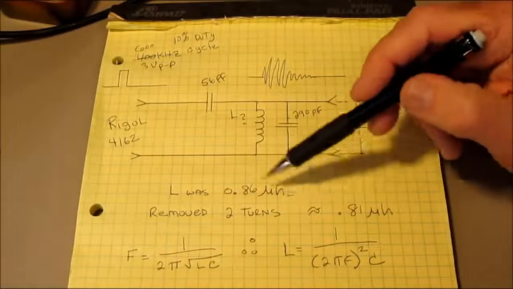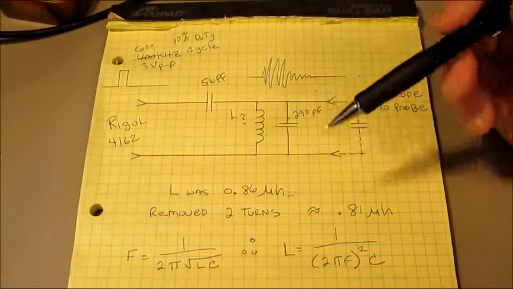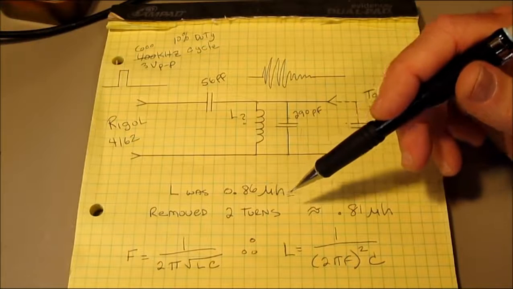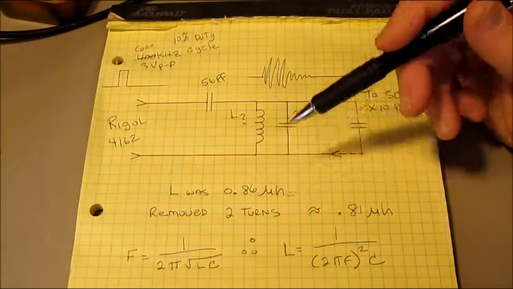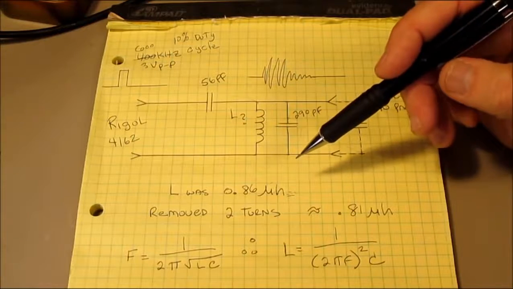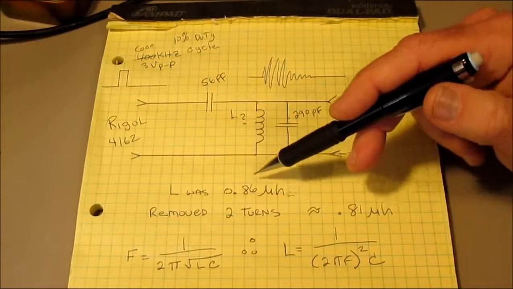And I went online. There's a calculator for determining the inductance using toroids, which is what this coil is in my case. My inductor is a toroid. And you can calculate the approximate inductance, and so I put in a certain core, and I put in the value.